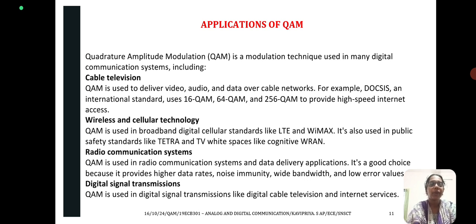Next is radio communication systems. QAM is used in radio communication systems and data delivery applications. It is a good choice because it provides higher data rate, noise immunity, wide bandwidth and low error values. And next is digital signal transmission. It is used in digital signal transmissions like digital cable television and internet services.